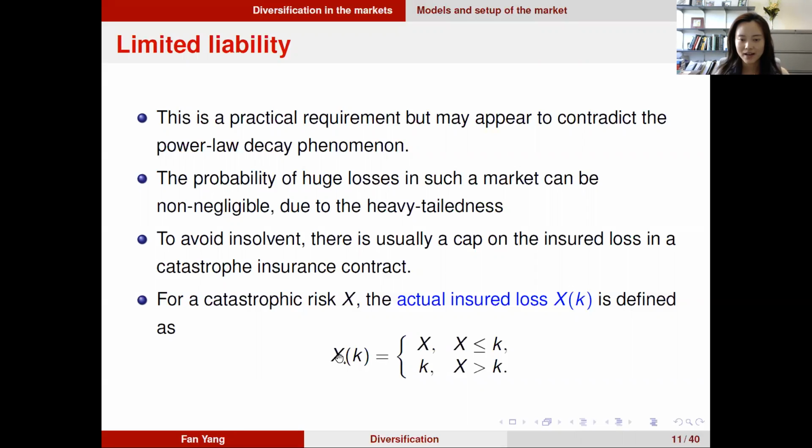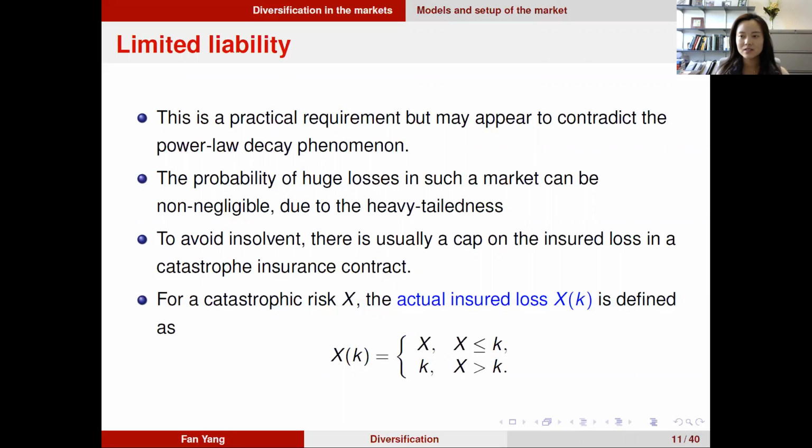Here we use K to denote this limited liability. The actual insured loss for X is X when X is below K. If X exceeds the threshold K, then the insurance contract will only cover the loss K.